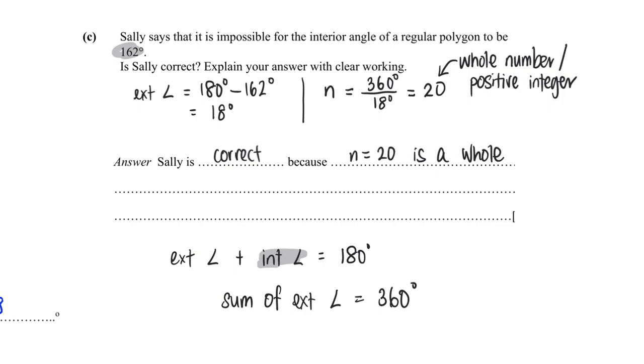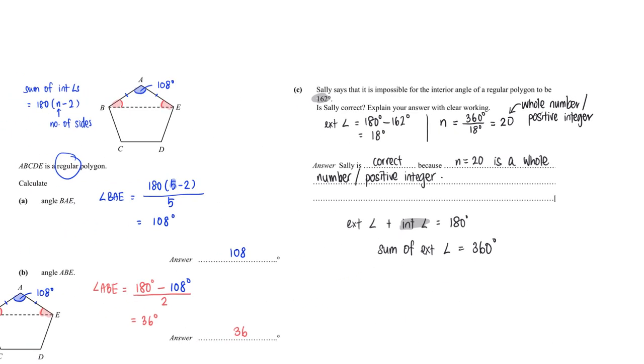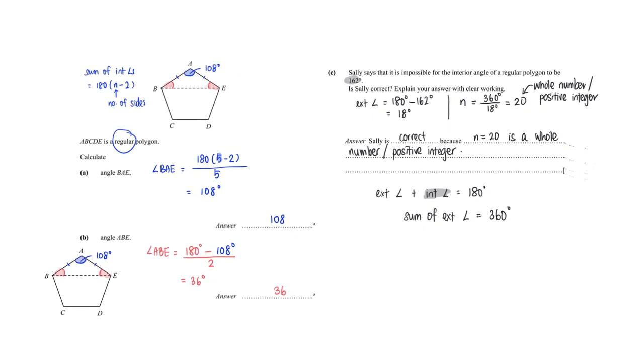That's how you explain. Or you can also write it as a positive integer. Either is fine. This alone shows us that it is possible for a regular polygon to have an interior angle of 162 degrees. With that, we have come to the end of this question, and let's move on to the next question.